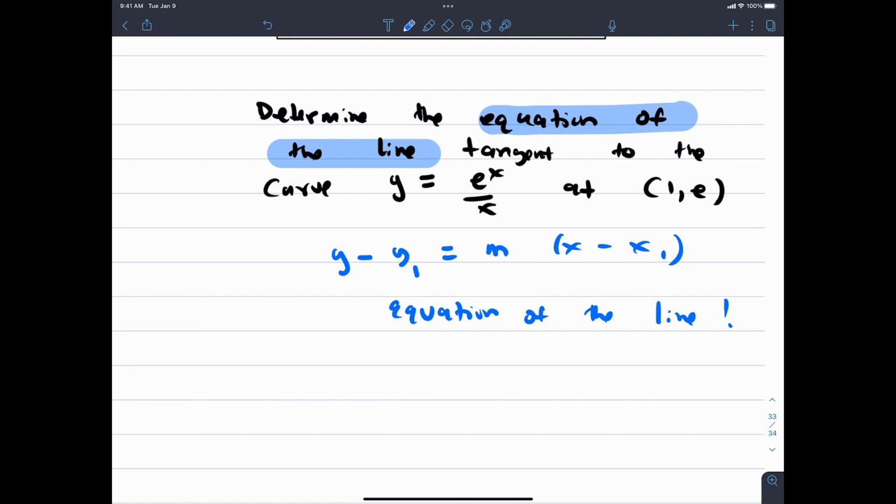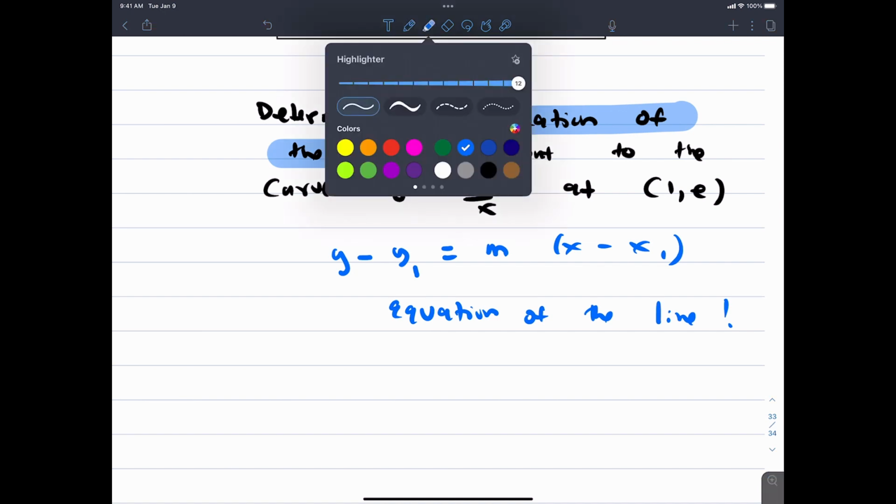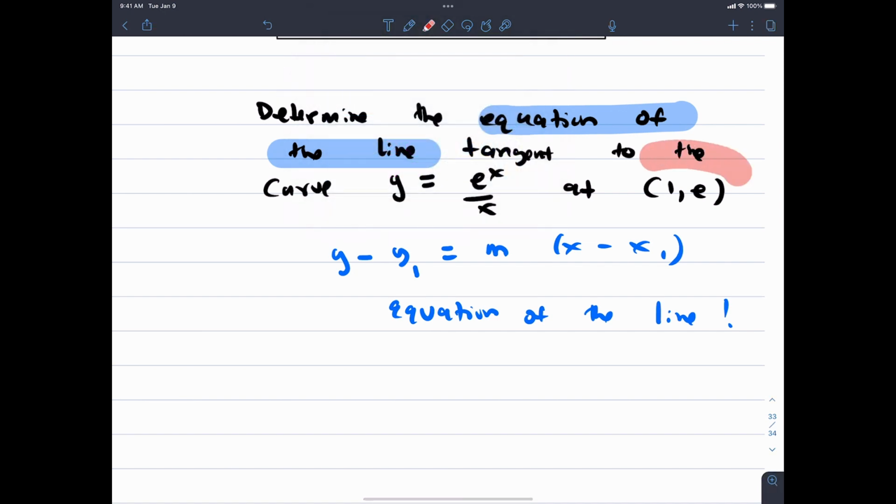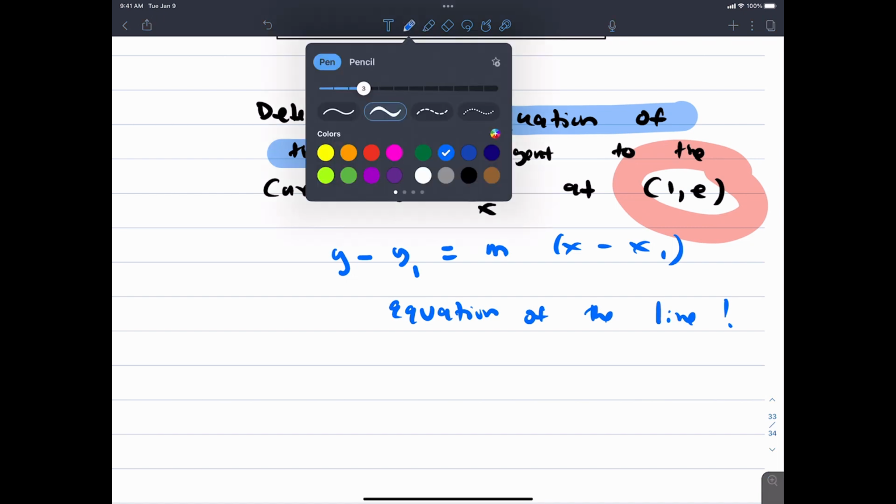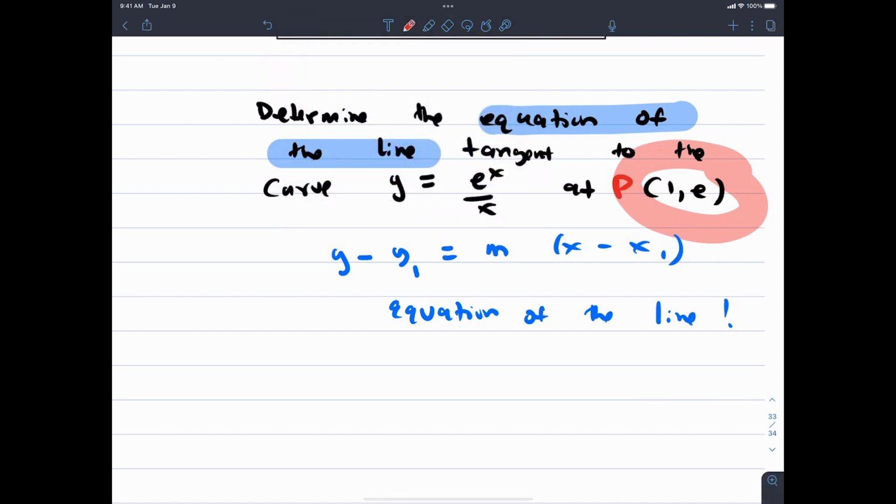Now you need a point. And sure enough, they give you a point. Here's the x coordinate, here's the y coordinate. In fact, this is the one and only point. So x1 is 1 and y1 is e.